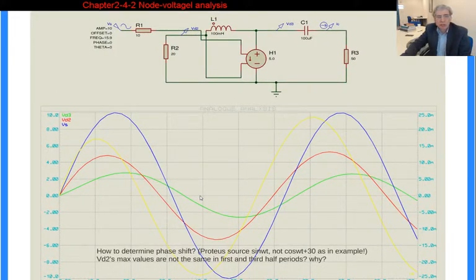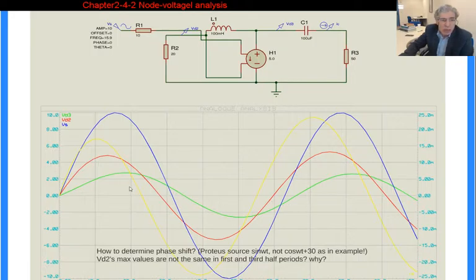Here, what you see are the node voltages, blue, red, and green, and this yellow one is the IC, this capacitor current. So you see, these are all sinusoidal functions. The only difference is their amplitudes and their phases.